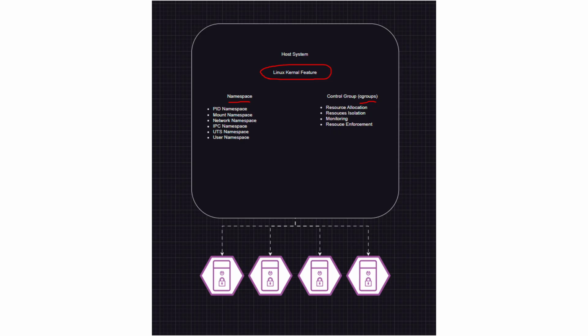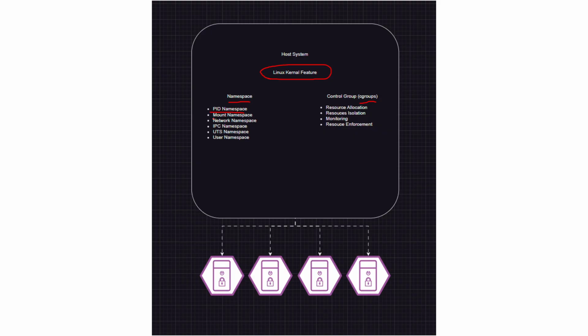The first one we're going to talk about is the PID namespace, which is the process ID namespace. What it controls is that every time you create a container, the process ID namespace isolates the process, so that the namespace has its own process hierarchy.